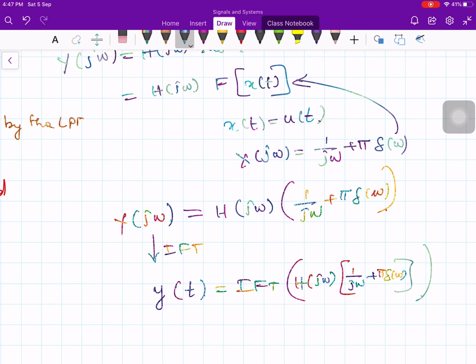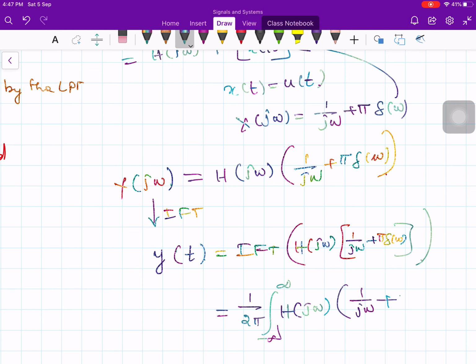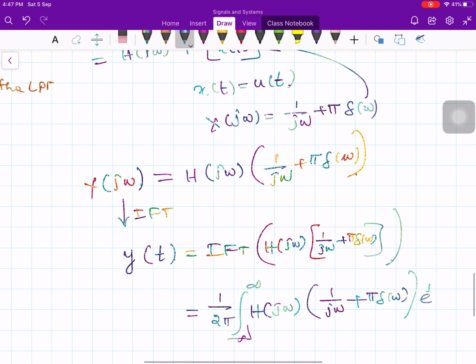So you just write down the inverse Fourier transform formula, that is the Fourier integral: 1 over 2π, integral from minus infinity to plus infinity of H(jω) multiplied by 1 over jω plus π times δ(ω), then e to the jωt times dω.